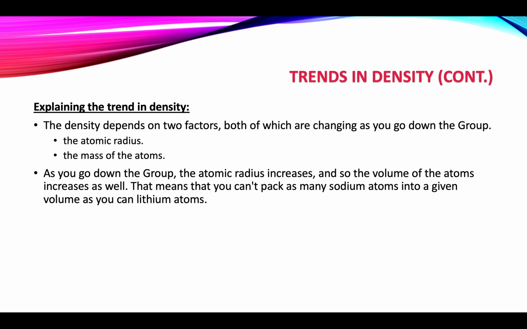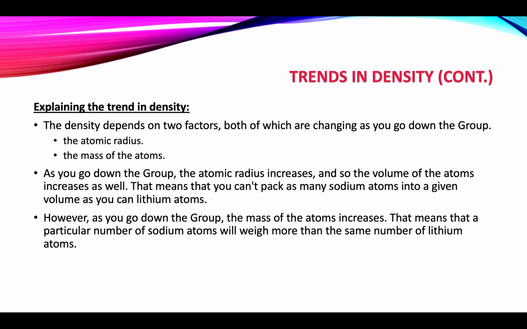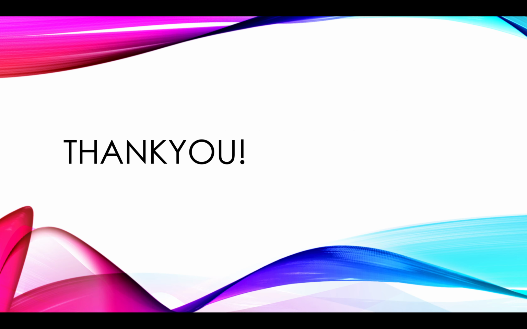That means that you cannot pack as many sodium atoms into a given volume as you can lithium atoms because of the difference in their sizes. However, as we move down the group, the mass of the atom increases. That means that a particular number of sodium atoms will weigh more as compared to the same number of lithium atoms.